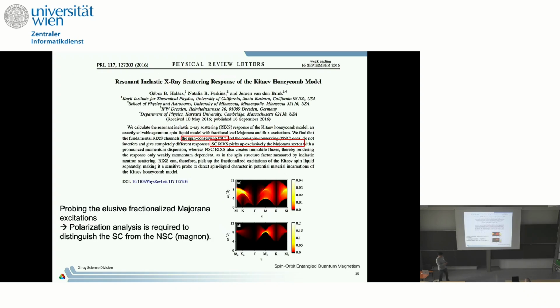One feature you can see is that at the gamma point there's a total interference, and you can see it all disappear, and at the zone boundary you can see the intensity. So if you subtract one from the other, you're supposed to see something.